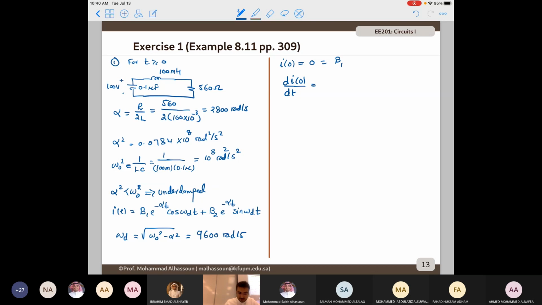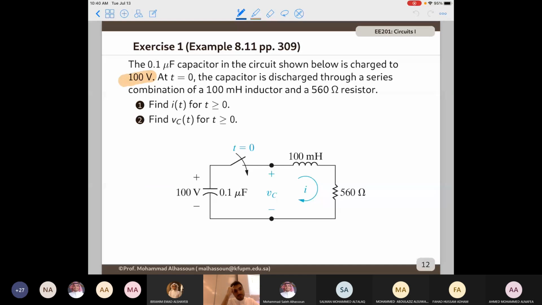This current is actually the same as the voltage across the inductor divided by the inductance. So what is the initial voltage across the inductor? Looking into the picture.